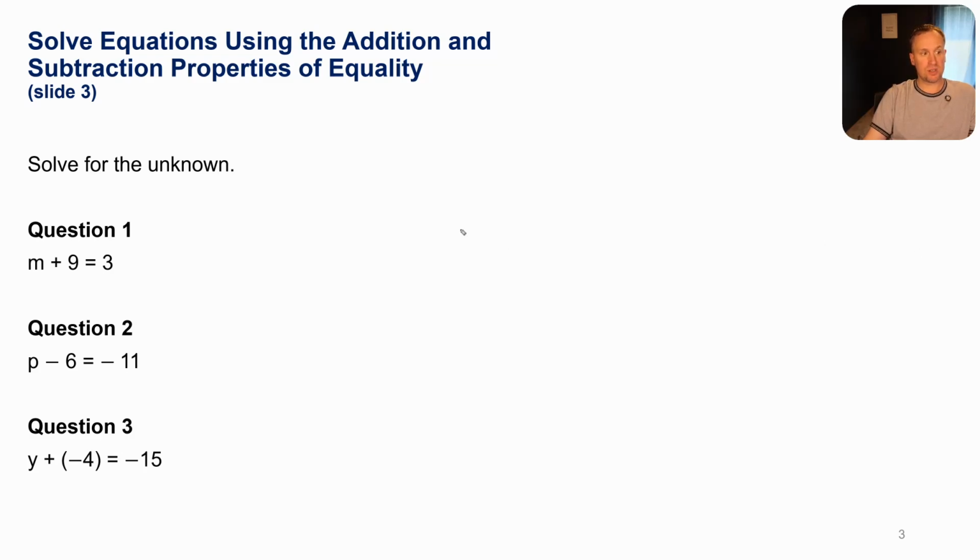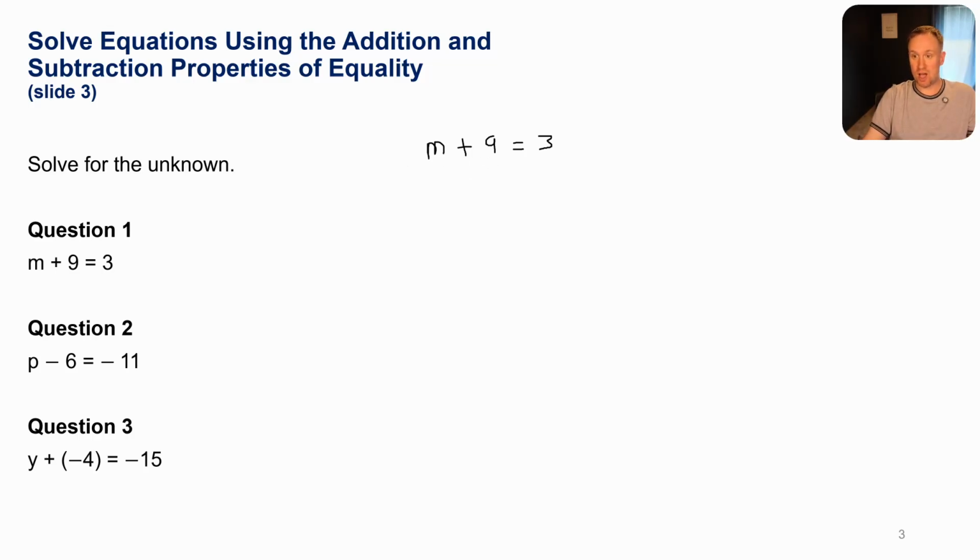And we're asked to solve for the unknown, which is the variable, for question number 1 here. So we have m plus 9 equals a positive 3 here. Okay, so now what we're going to do is the opposite of adding 9, and we're going to subtract 9 here, right?